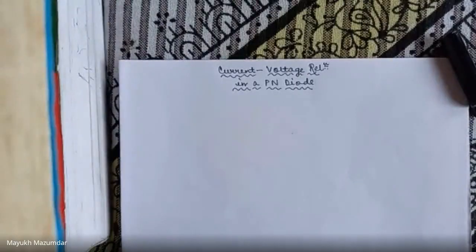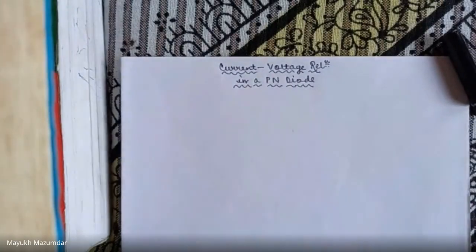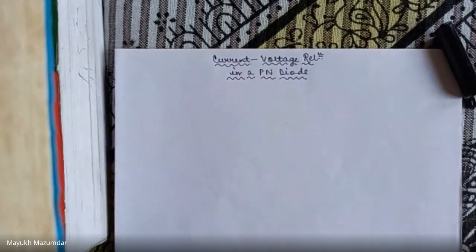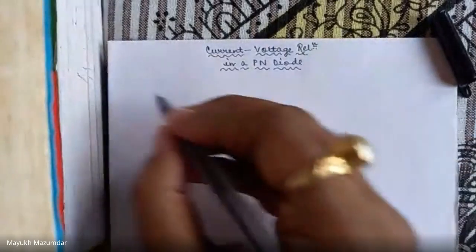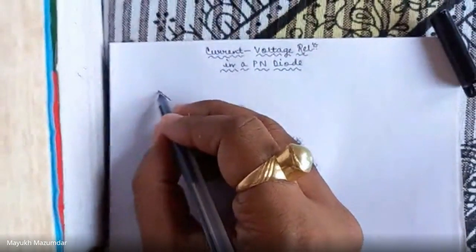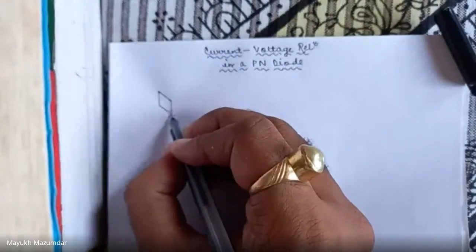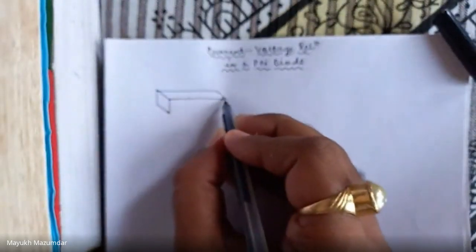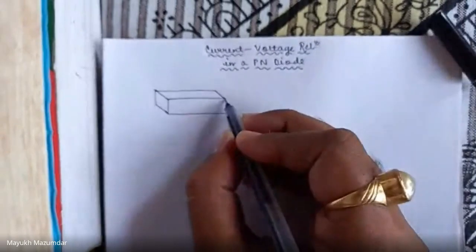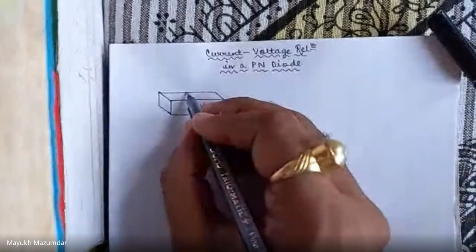So, what is a diode? Current-voltage relationship, I think that's not a new term. A diode is nothing but the PN junction that we were studying, the doping things, everything, when we use it for our benefit.